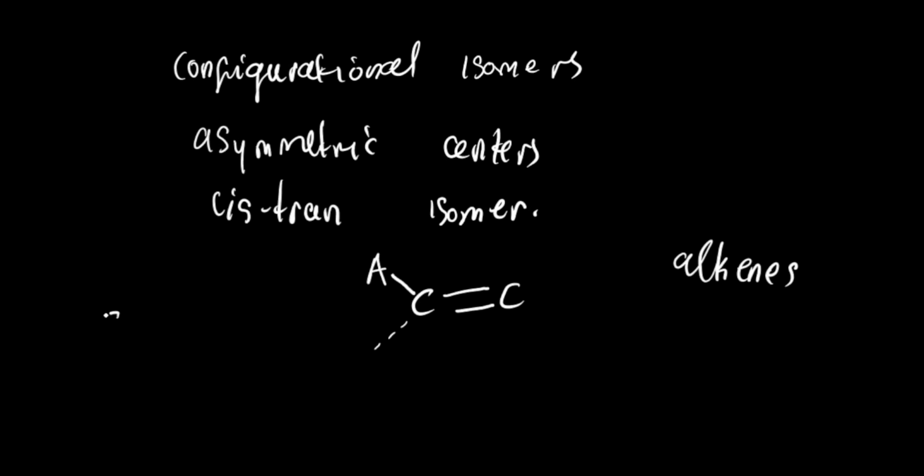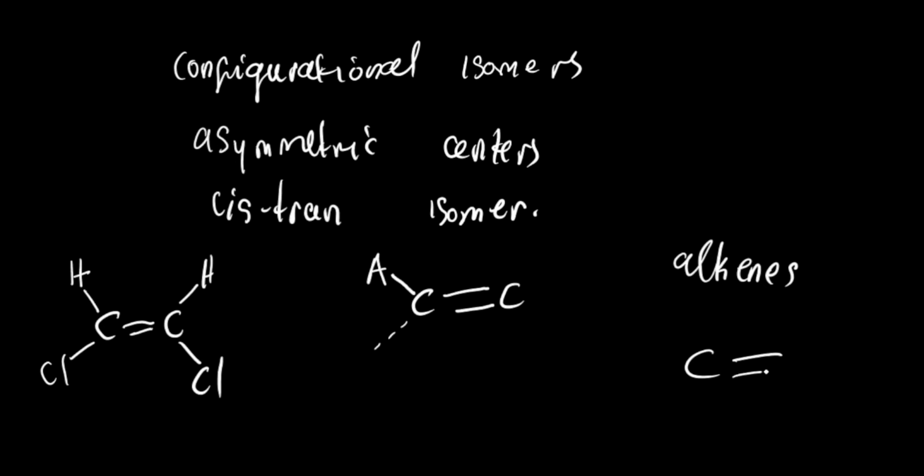So an example would be, take for instance, we have something like this, and here we have a hydrogen, here we have chlorine, and here we have chlorine. Take for instance, we have another molecule where we have a carbon-carbon double bond. On this side we have our chlorine, and then we have the hydrogen here.